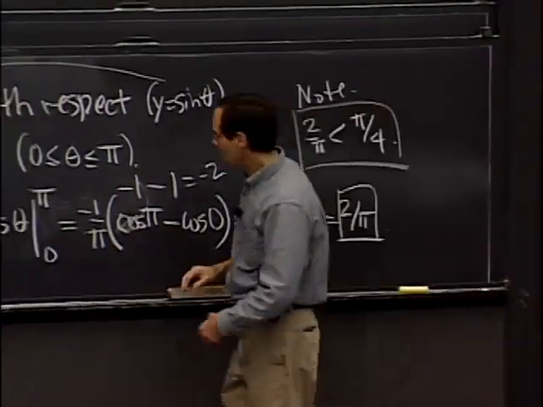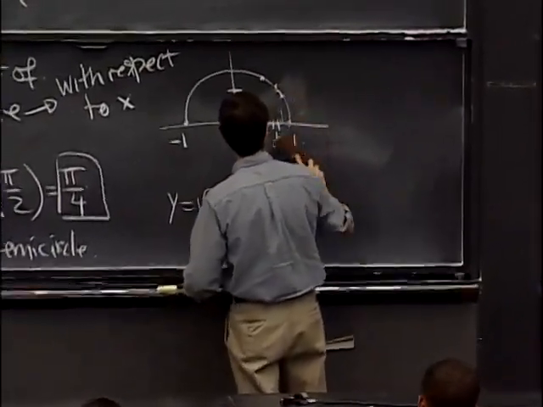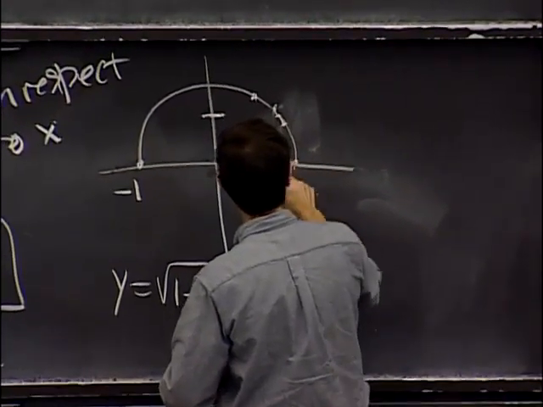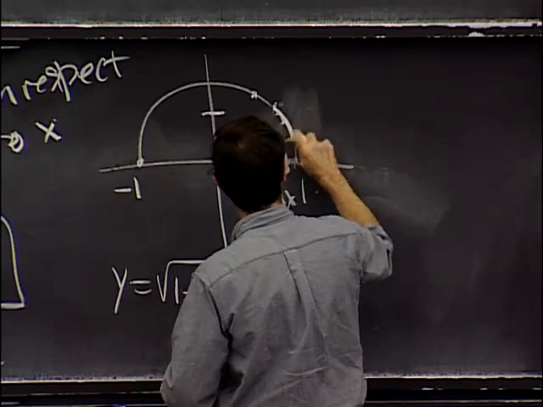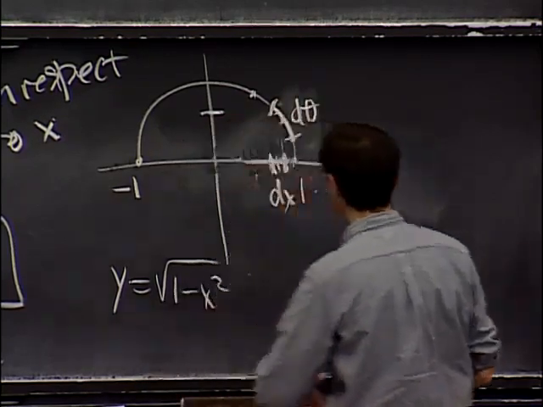All right, and it had to do with the previous way this diagram was drawn, which is comparing an interval in dx with an interval in theta, a little section in theta.